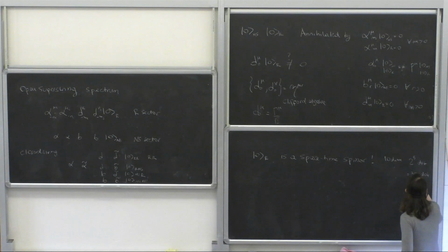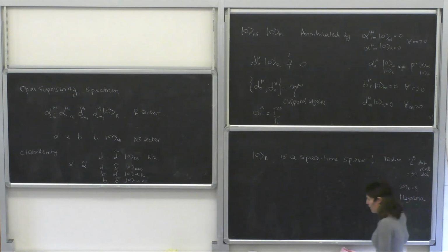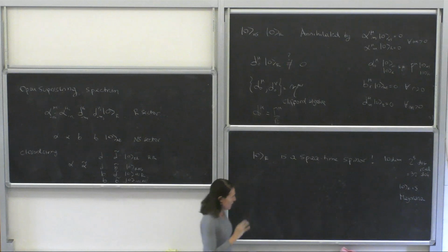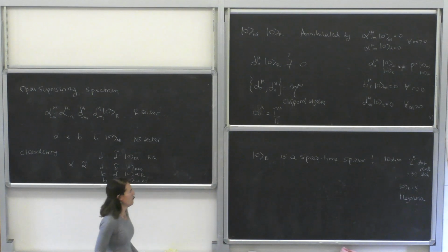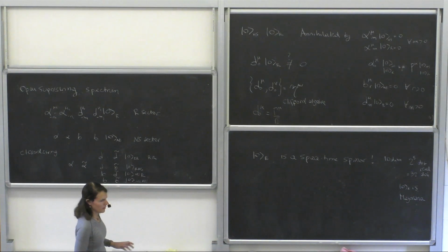So these are real degrees of freedom, because psi is Majorana. But not Weyl, or not for the time being. In 10 dimensions, one can impose Majorana-Weyl conditions at the same time, but this is Majorana, it's not Weyl. Yes?